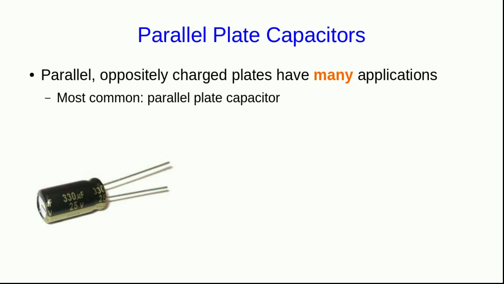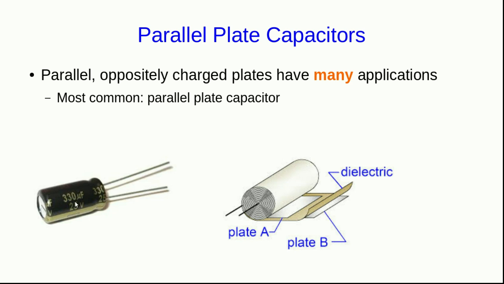They typically look like this. If you open up some piece of electronics, you'll find a fair number of things that look roughly like this. This actually contains two parallel plates, although looking at the shape of it, it's hard to figure out how they'd be oriented. That's because the two plates are held apart by a specially chosen material called a dielectric, and then rolled up around each other.